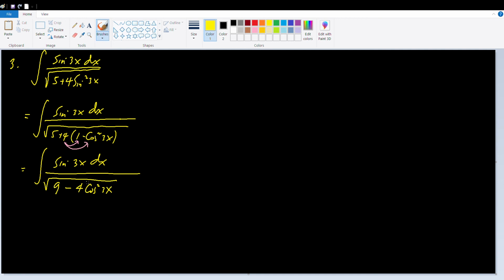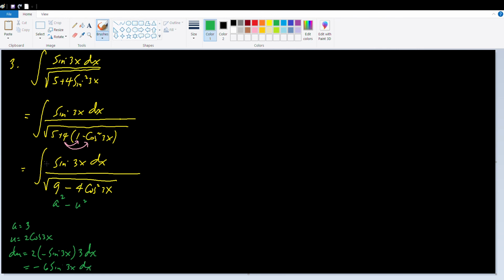So we re-examine our radicand. It is now of the form a squared minus u squared, where a is clearly equal to 3, u is 2 cosine of 3x. Let us take the differential. That will be 2 times the derivative of cosine 3x, which is negative sine 3x, times the derivative of 3x, which is 3, and finally the differential dx.